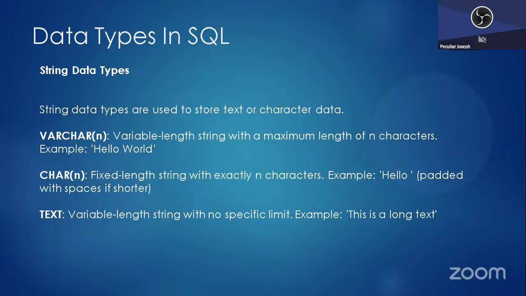So the next is my char. So my char is similar to my varchar, but there's a reason why most of the time varchar is mostly used and not char. So for my varchar now, if I say that I want the maximum length of character for this particular column to be 50, and I store in a value that has just 5 characters, right?